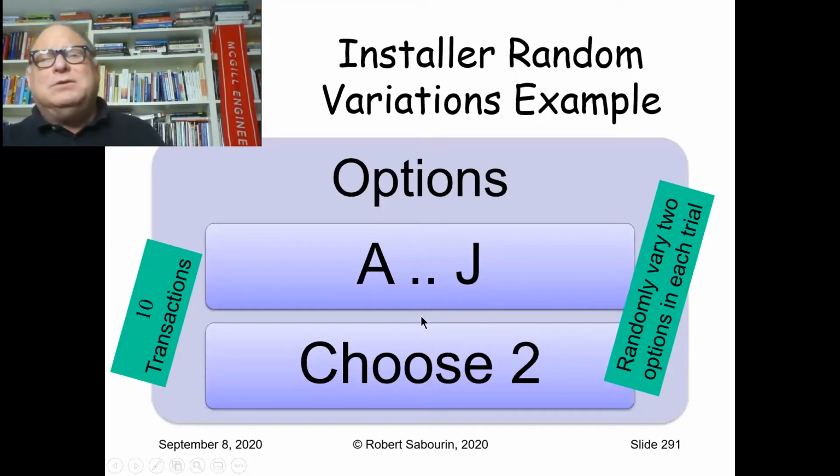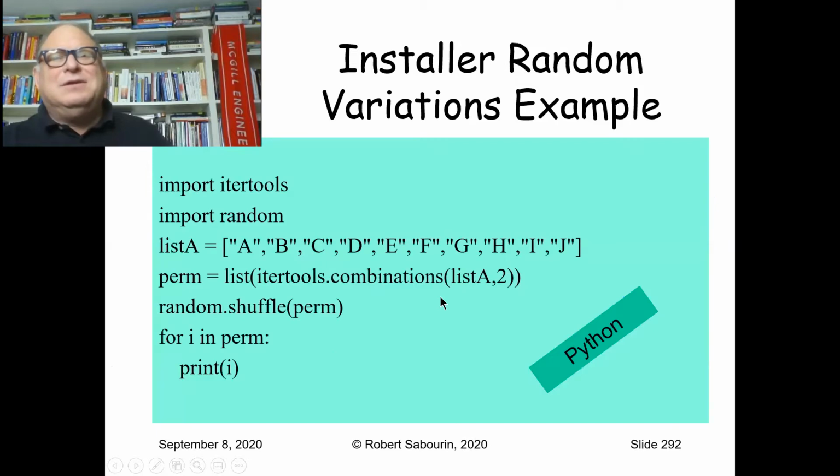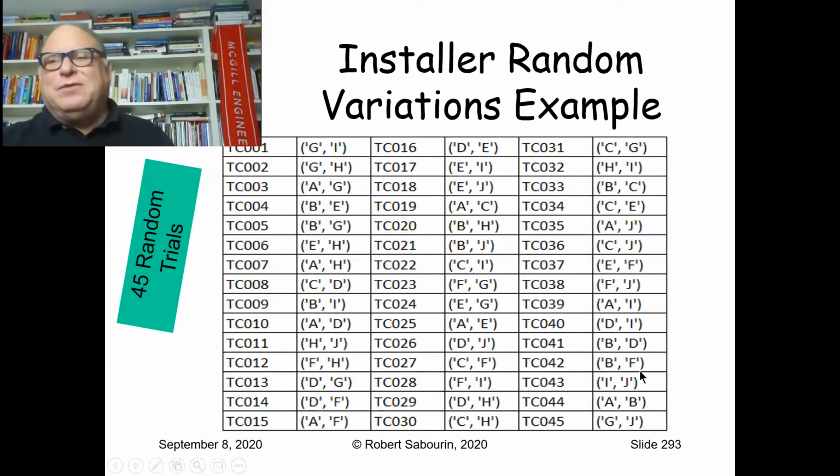Now, we might want to randomly choose options in each trial. If we want to choose 2 randomly in each trial, then we take the same list with the same permutations, and then we shuffle each permutation to randomize it a bit. That gives us 45 random ones.